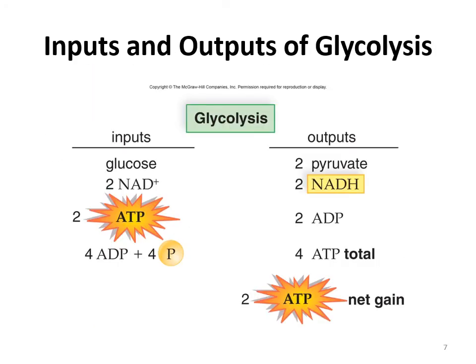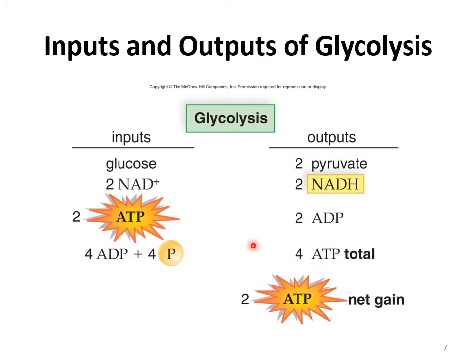So glycolysis, we said, you are taking one glucose molecule and you are starting to break it down, cut it in half, and start to get ATP out of it. Now we said that in the first step you have to break down that glucose, which takes some energy. So that's why you see that ultimately you use 2 ATP to break that molecule, and then you end up building 4 ATP.